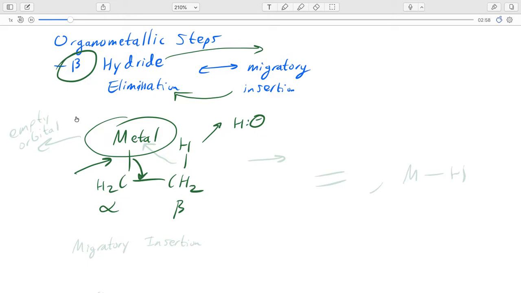So once we donate that pair of electrons, this metal will have an empty orbital, which fortunately the hydride, or the bond between the hydrogen and the carbon, can simply swing over and attach, and thus we get a double bond and the metal attached to a hydrogen.